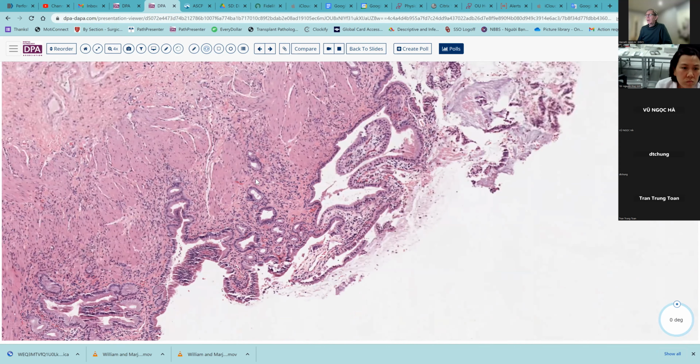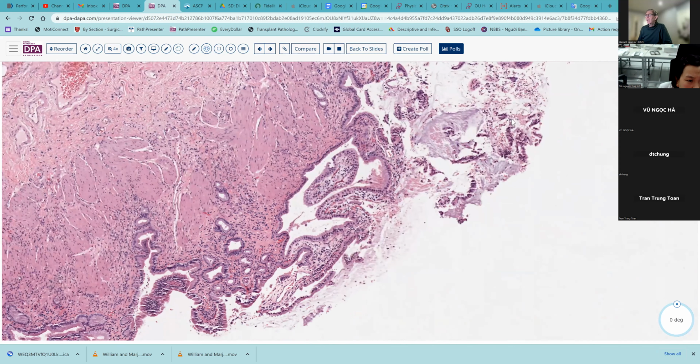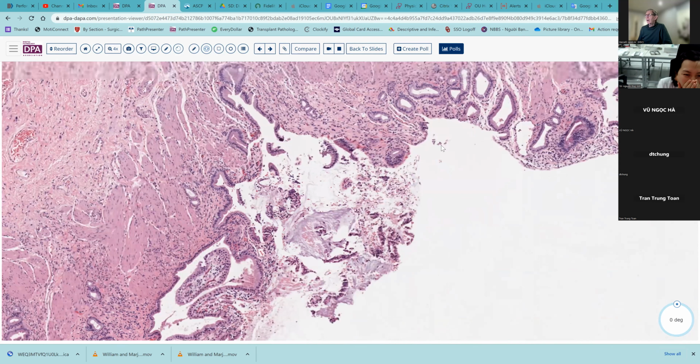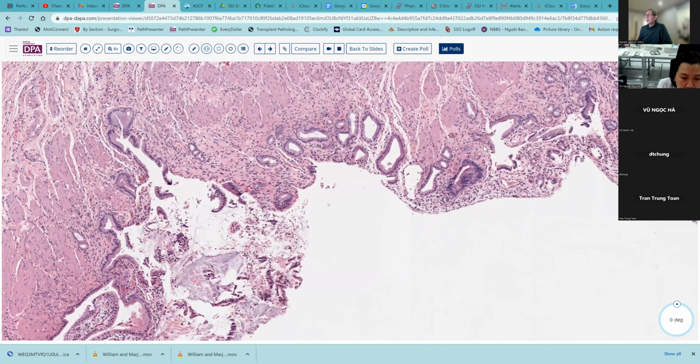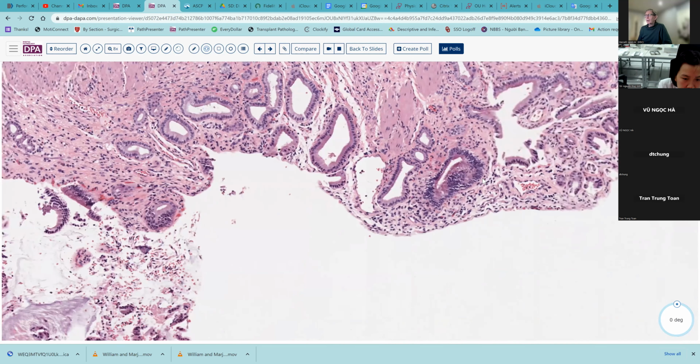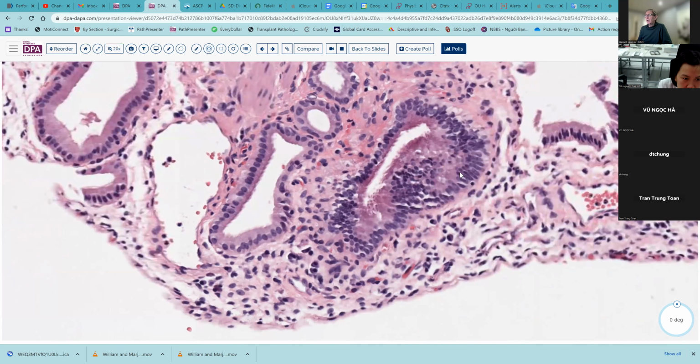And as we come along here, I think you begin to see, and maybe you can see right here, the contrast between this gland and these other glands. This gland has hyperchromasia. It has a little bit of glandular crowding, and there's just a little bit more blue to the cells here than the adjacent ones.